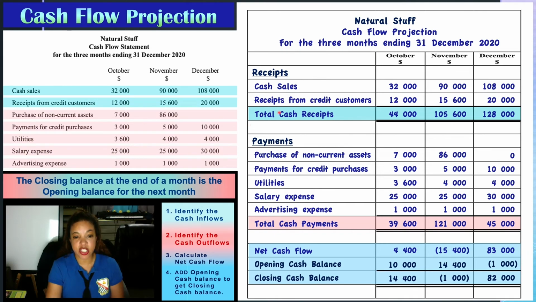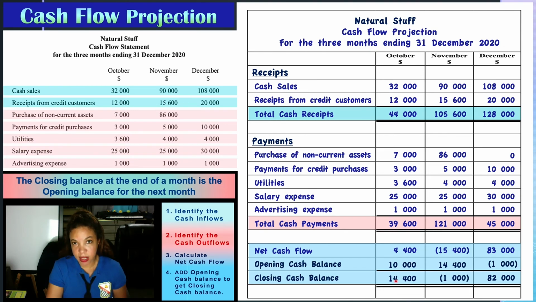Remember, first section, cash inflows or receipts. Second section, cash outflows or payments, money spent. And then third thing, we had to find our net cash flow for each month. And then the final stage would be opening cash balance, starting with this opening figure.